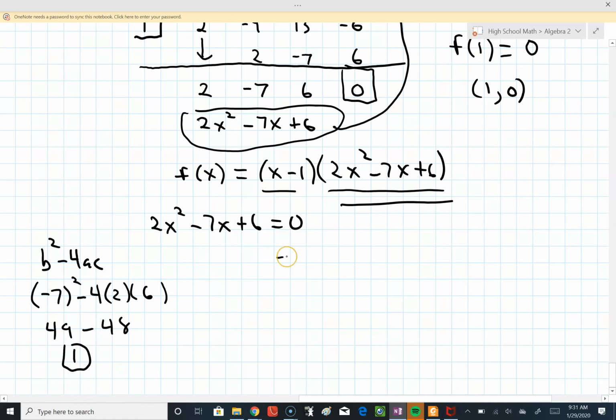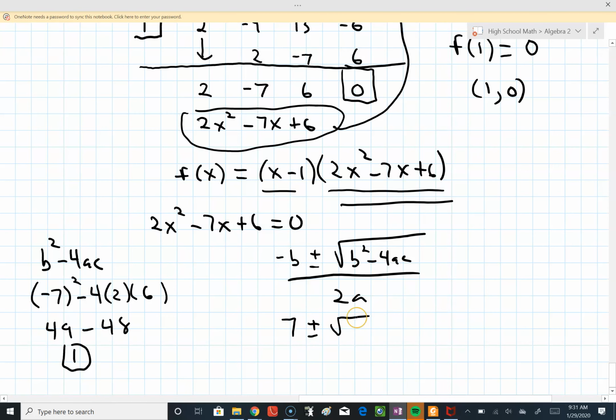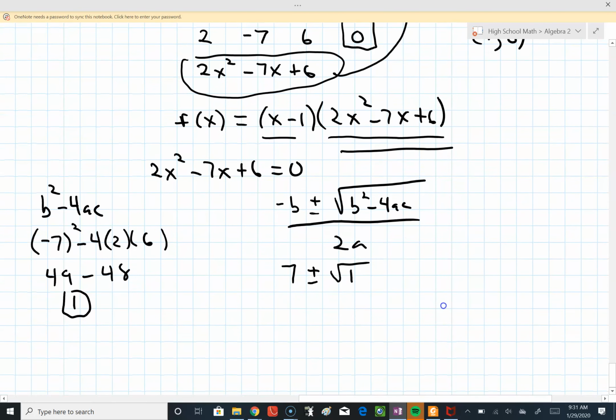The quadratic formula is negative b plus or minus the square root of b squared minus 4ac, all over 2a. Well, we've already found that b squared minus 4ac part. So we have negative b, which would be 7, because b was negative 7, plus or minus the square root of, we've already found the discriminant, it's 1.